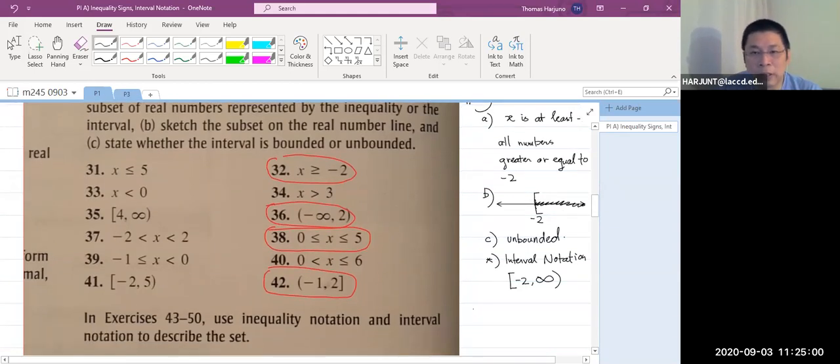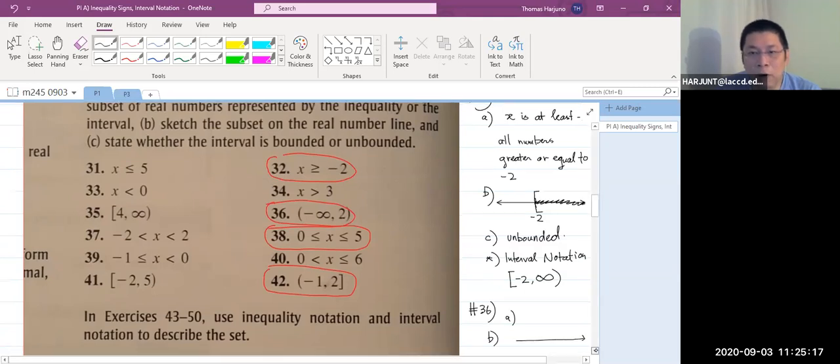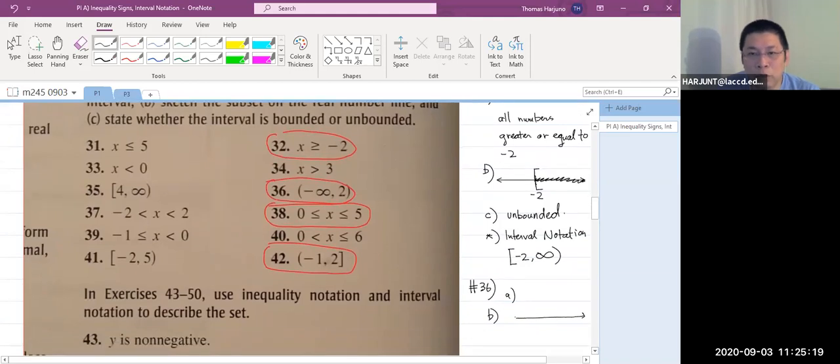Number 36. You know what? Let me jump to number 36 first. Number 36, part A. If I sketch this, that will be everything to the left of 2, not including 2. So it would be to the left of 2, not including 2.